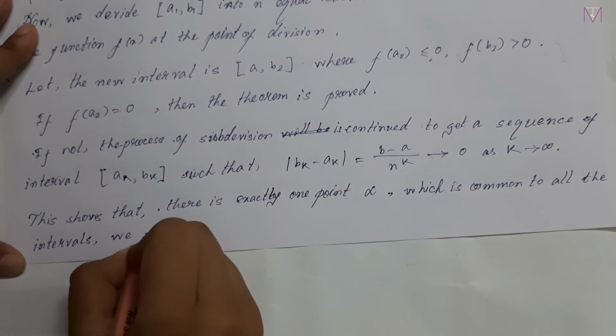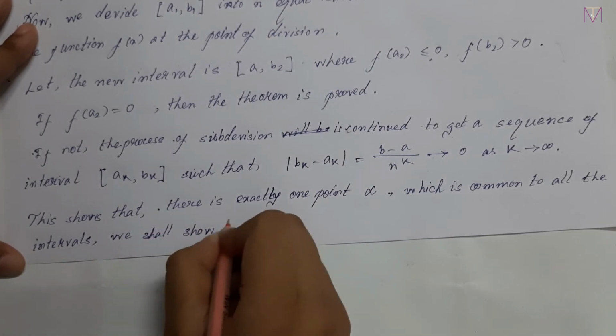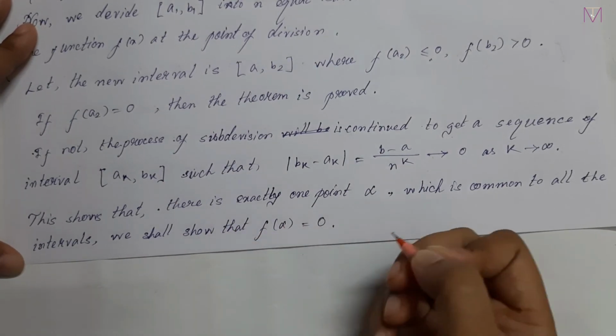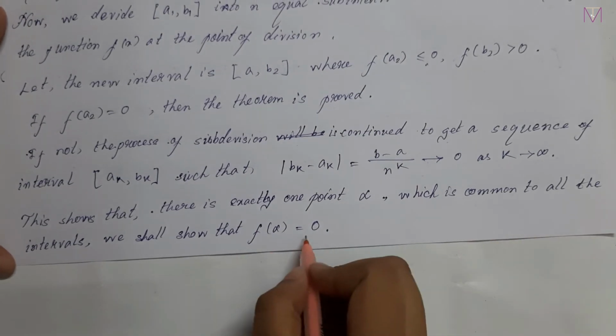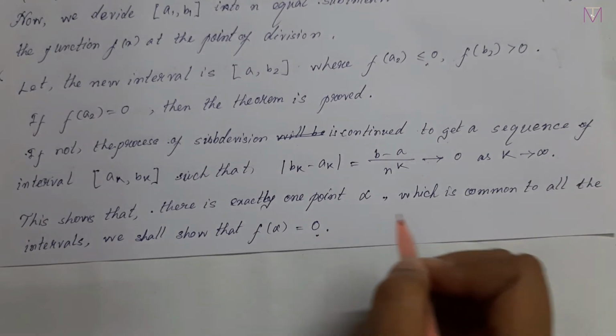We shall show that f of alpha is equal to 0. Now we have to suppose that f of alpha is not equal to 0. Then there will be a contradiction. Then we can say that f of alpha is equal to 0.